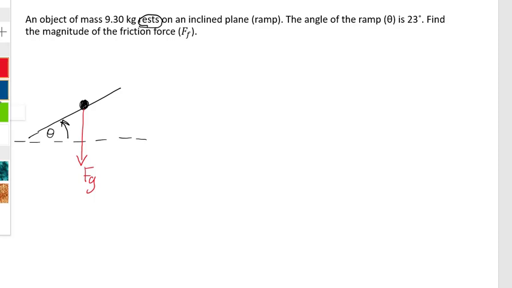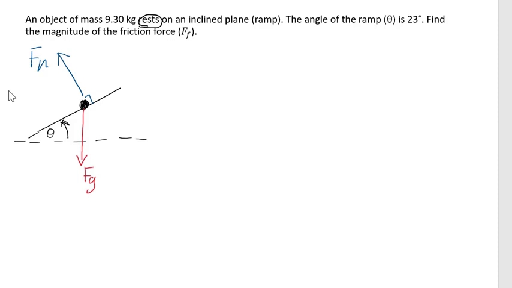So anytime there's a surface, we have a normal force. And if you remember from the notes, the normal force is always perpendicular, or 90 degrees, to the surface. So our normal force is here. So we have the weight, we have the normal force.